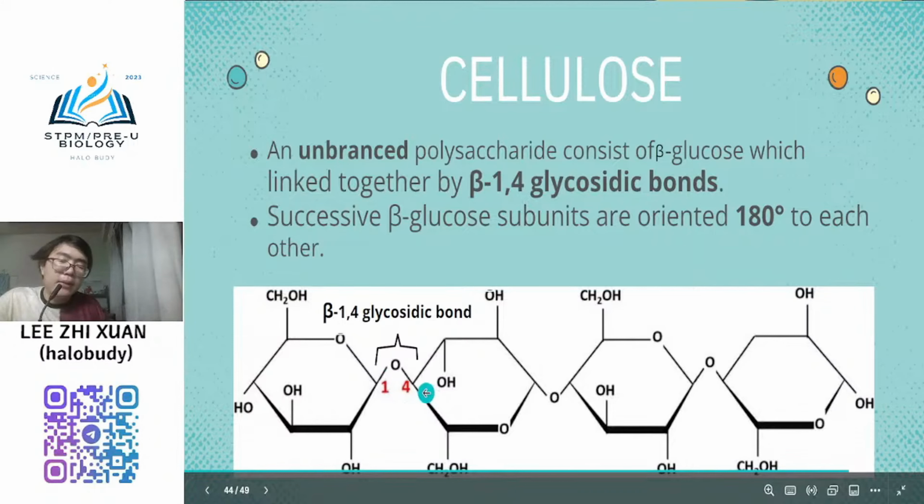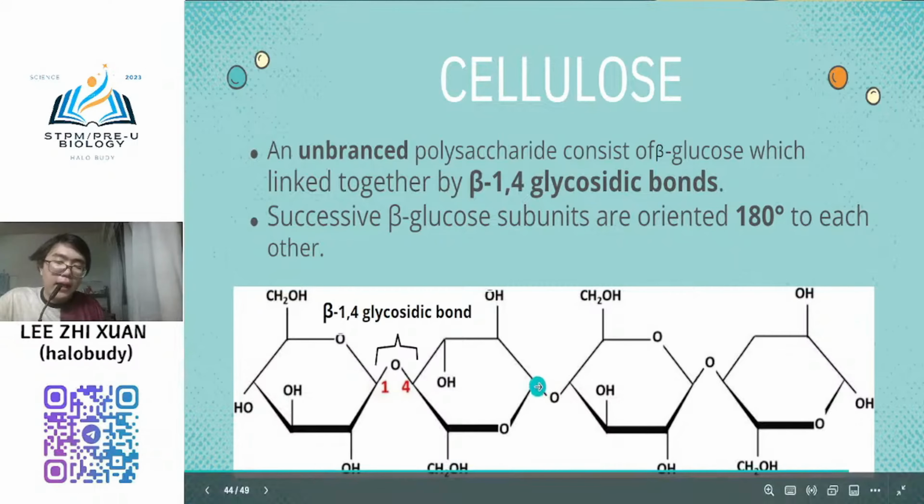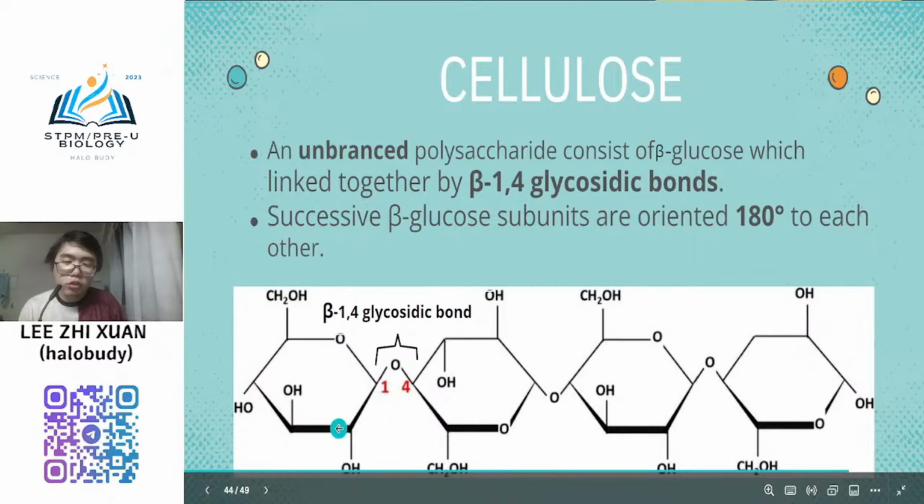But for the next one, carbon number 1 is calculated from here: 1, 2, 3, 4, 5, 6. Reversed. You see the difference. If you refer to alpha glucose, all the carbons are calculated as 1, 2, 3, 4, 5, 6, similar to here.